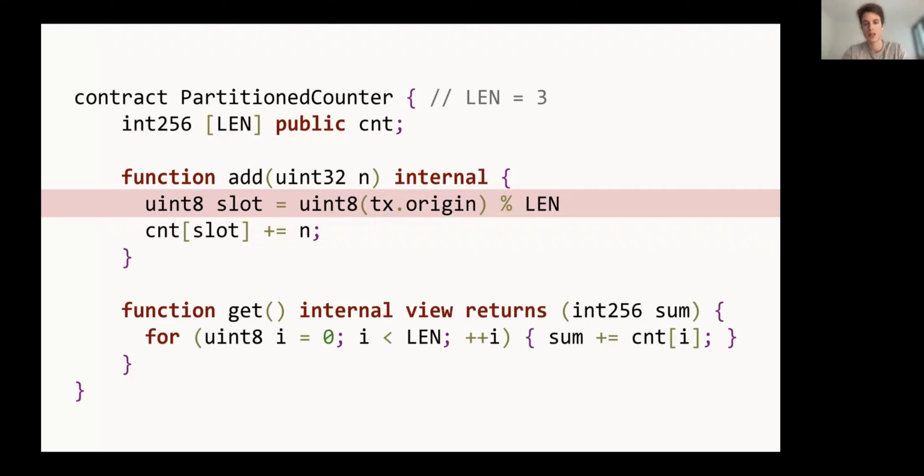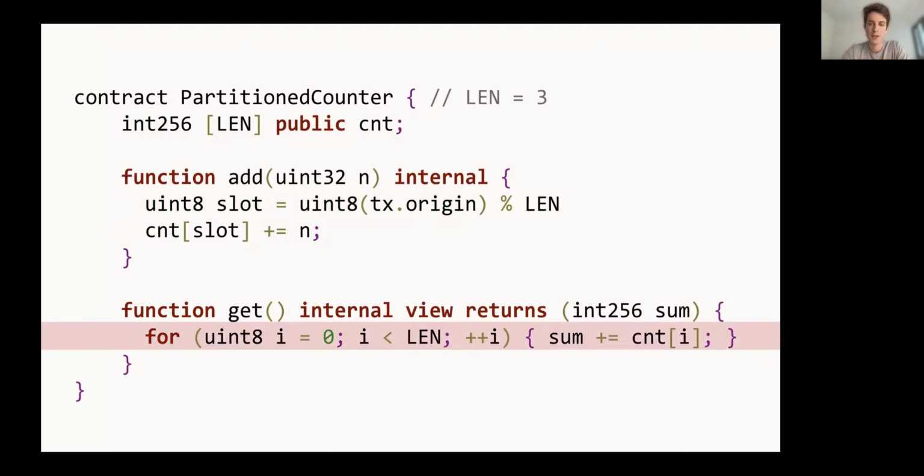As a result, 2 transactions that update the same counter, if they come from 2 different senders, have a lower probability of conflicting with each other because with a higher probability, they will update different storage locations. If you read the counter, of course, you need to sum up all the locations. So this will conflict with any other operations. So this approach is more suitable for write-heavy workloads and write-heavy counters, which in our observation is quite common in Ethereum.